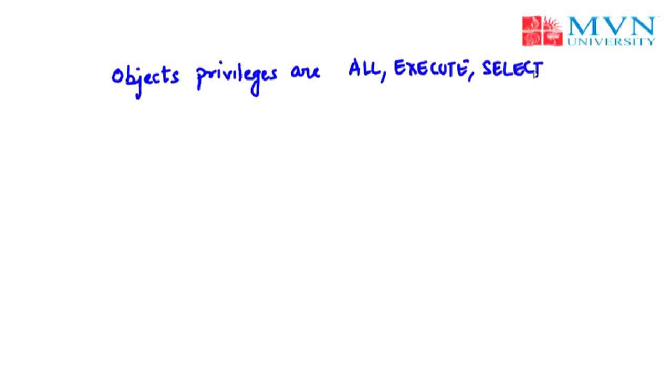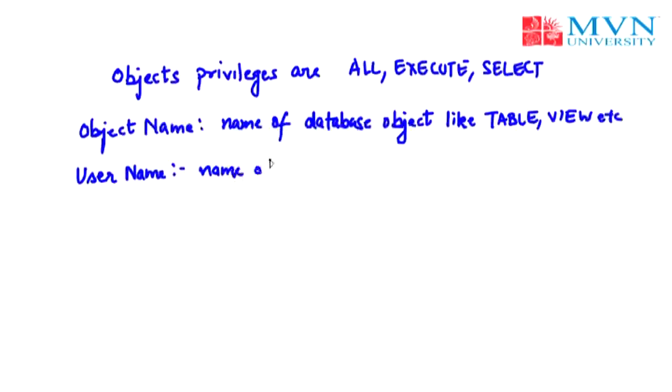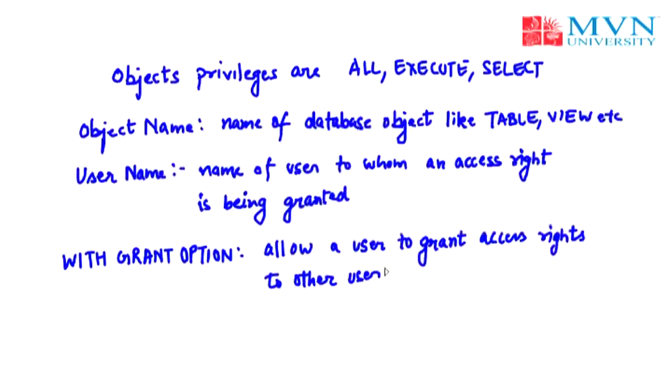The next we have the object name. It is the name of database object like table, view, etc. The next is username. It is the name of user to whom an access right is being granted. And the last one is with grant option. It allows the users to grant access rights to other user.